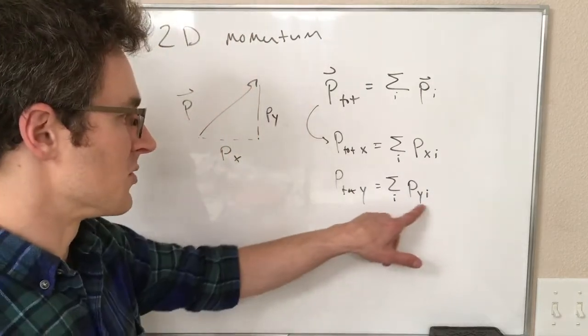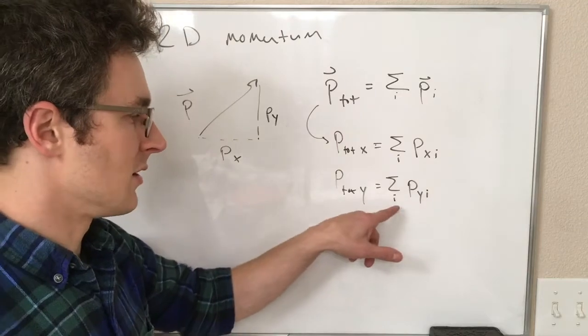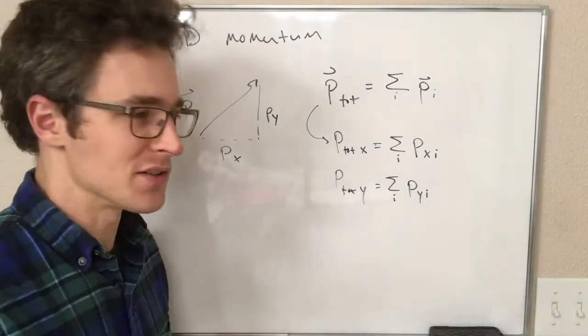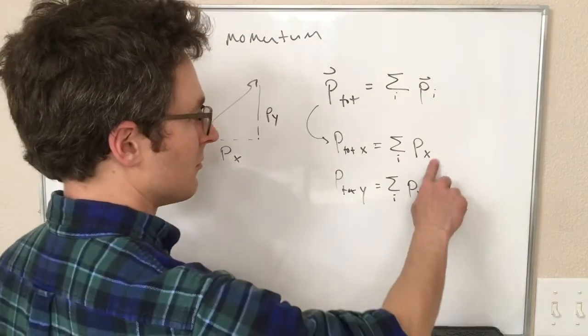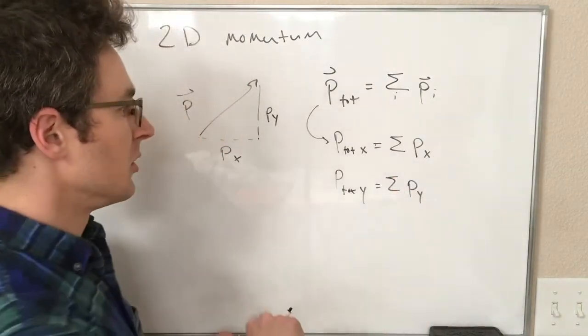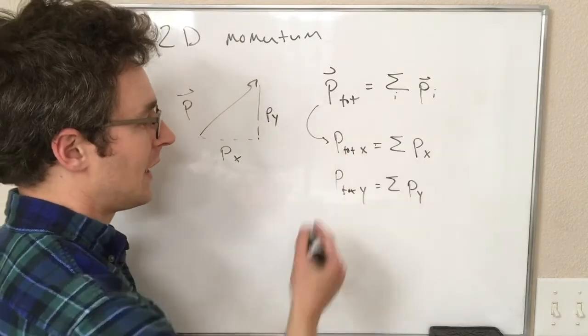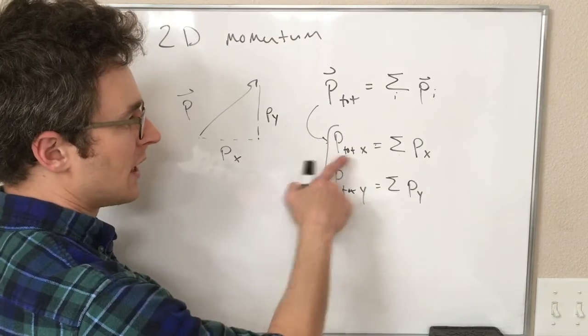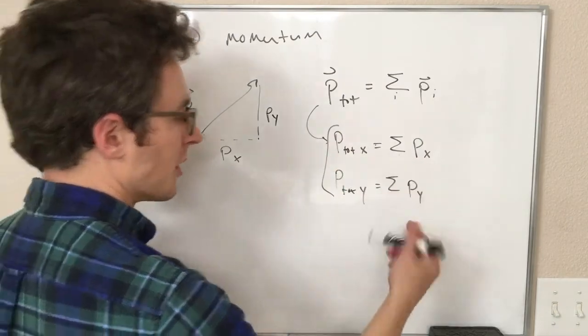This i is not supposed to be like initial. This i is like summing over the i different things that make up our system. So we don't have to worry about that if we don't want to. This equation applies equally well for the initial and final states of a problem. Now, how do we get the individual x and y components?